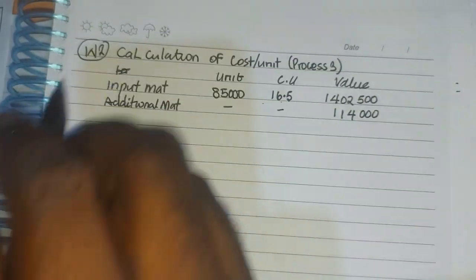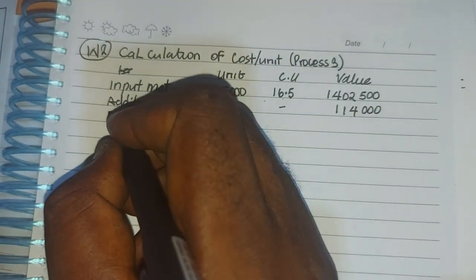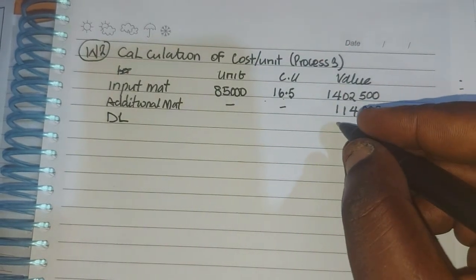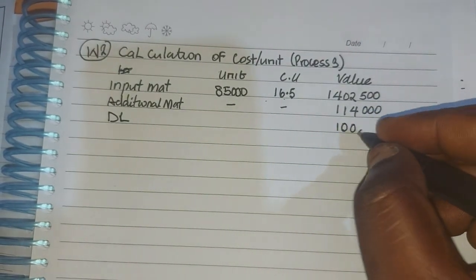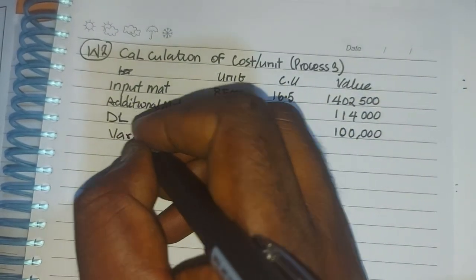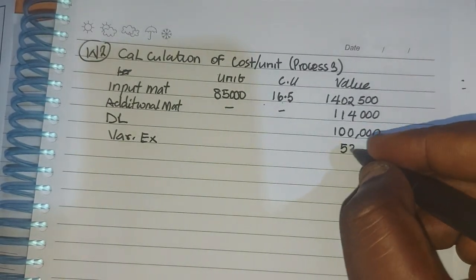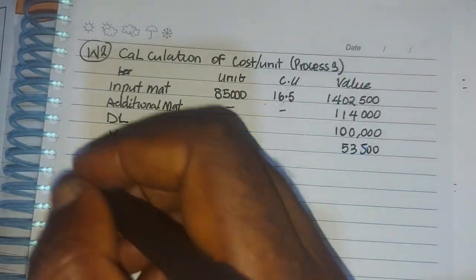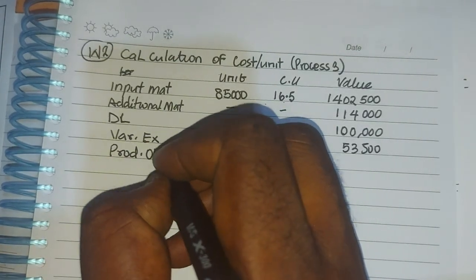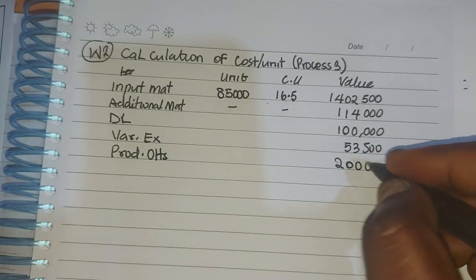Then we have the direct labor, which is 100,000. Then we have variable expenses, which here is 53,500. Then we have production overheads, which here is 200,000.